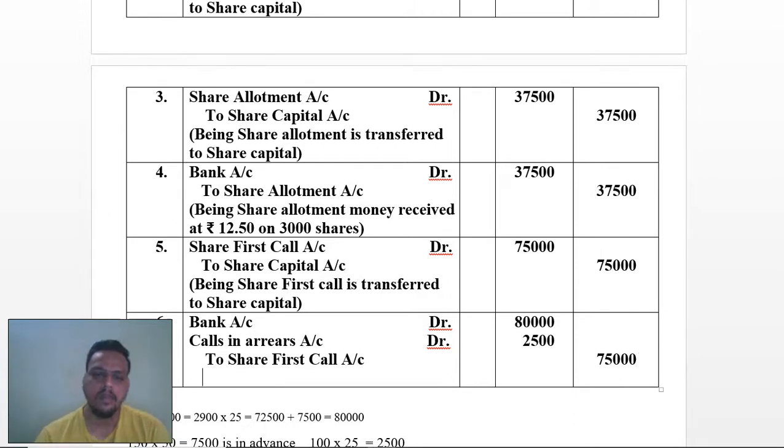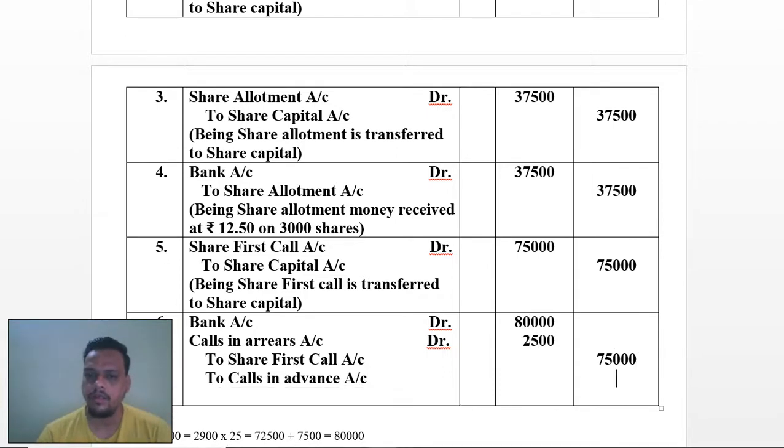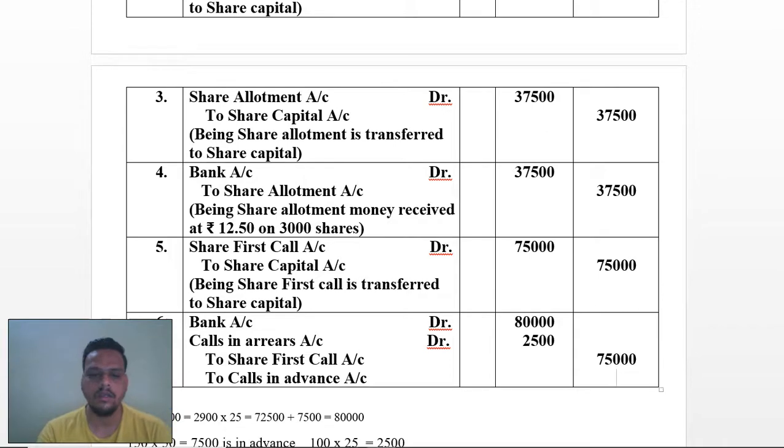Then you have received an advance. It has to be written on the credit side to calls in advance account. The amount will be 7,500.